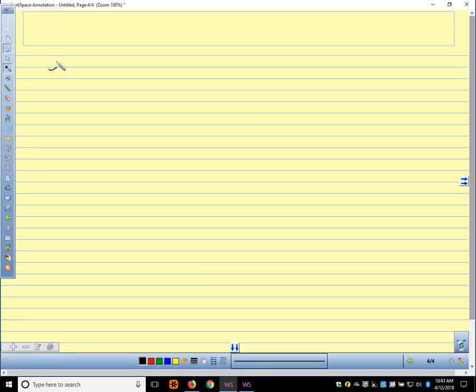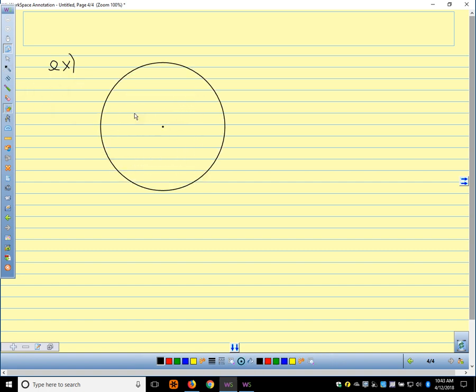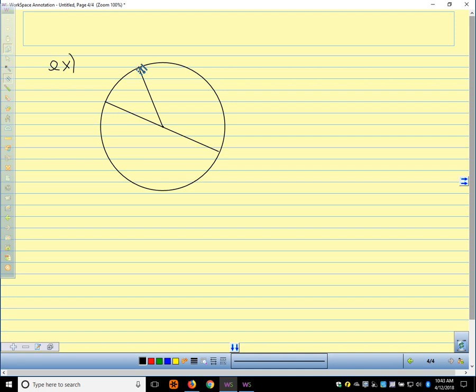I'm going to draw a picture here, a circle, and I'm going to put a diameter in here, and a couple of other radii.